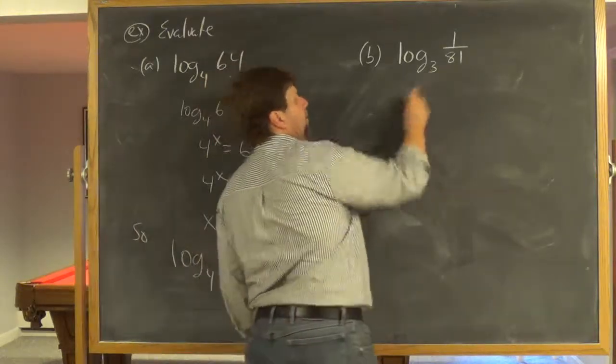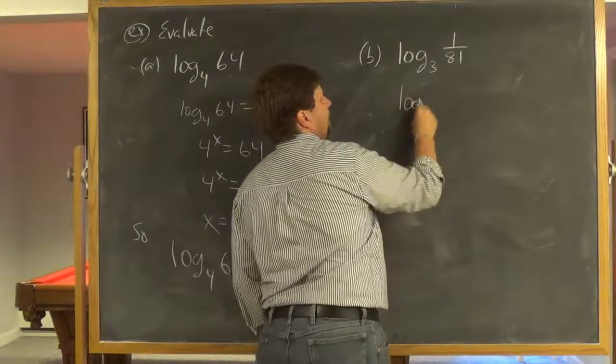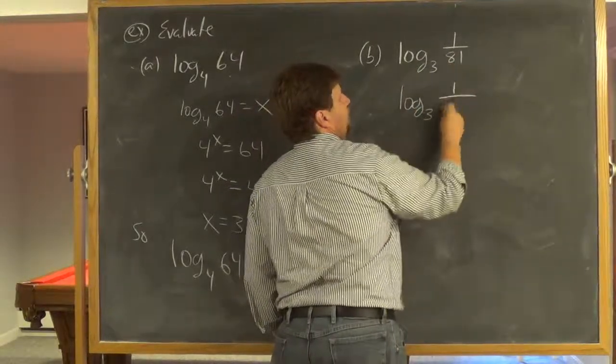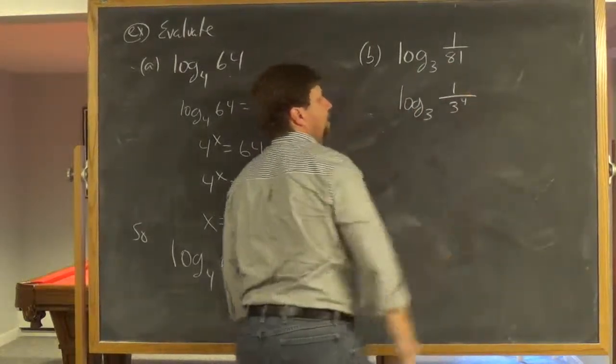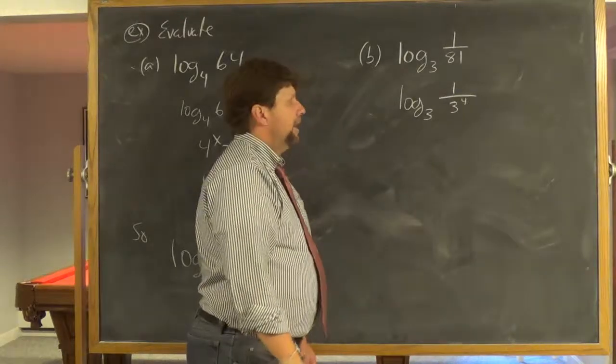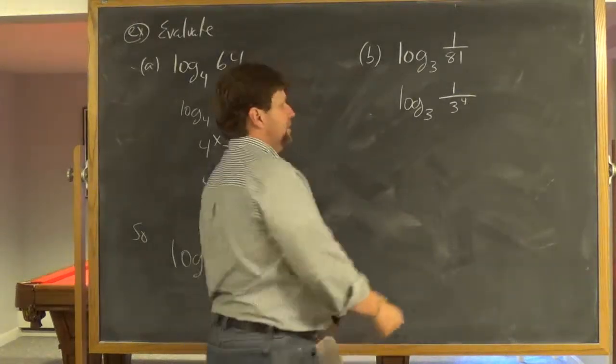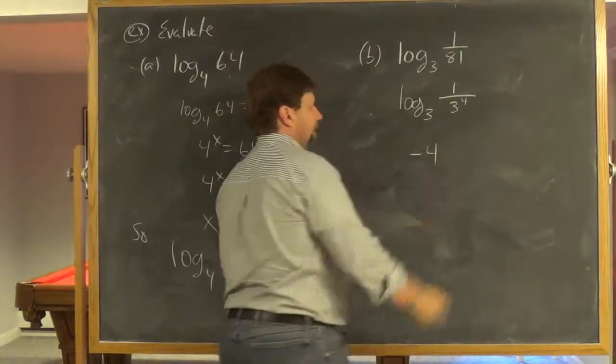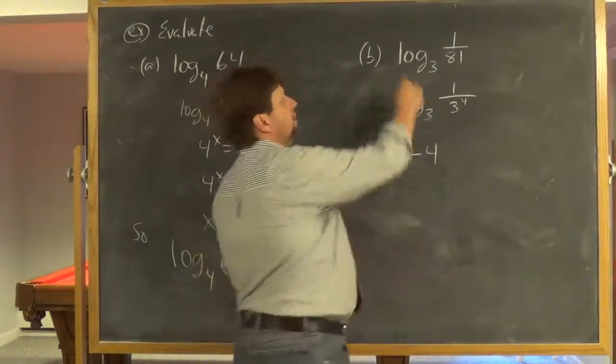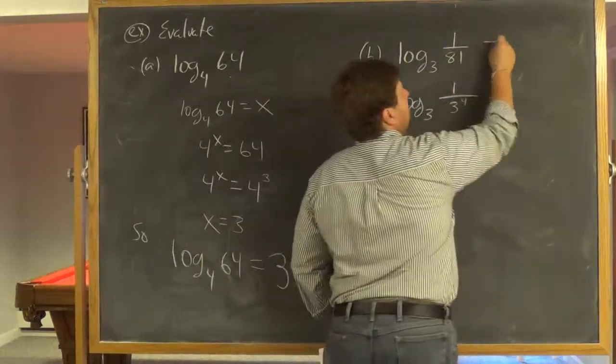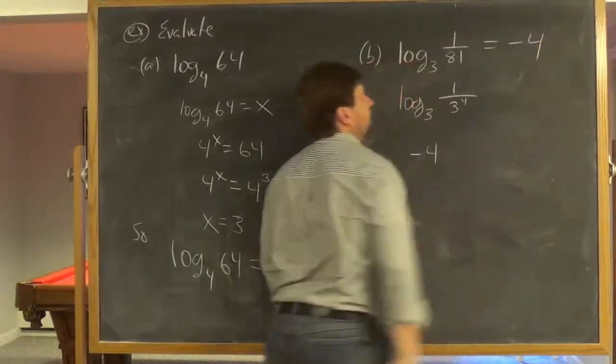Well, 1 over 81 is the same thing as... 81 is 3 to the fourth power. I think I have it. -4. Log base 3 of 1 over 81 is -4.